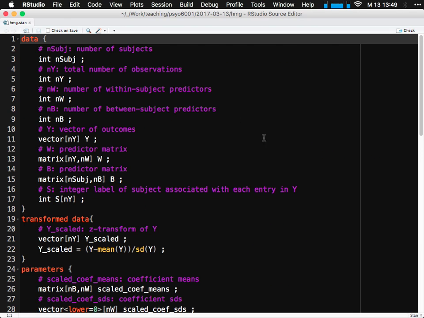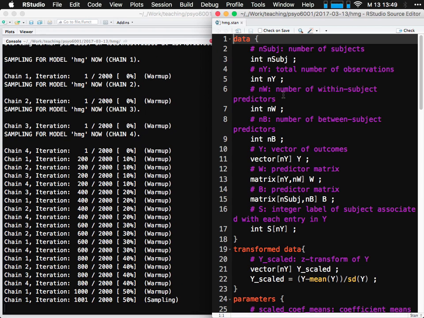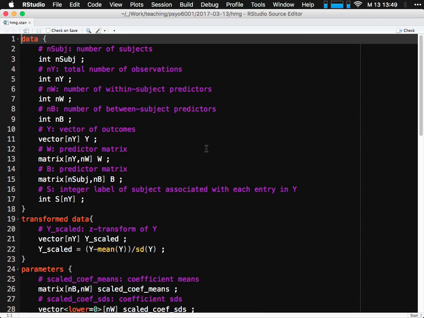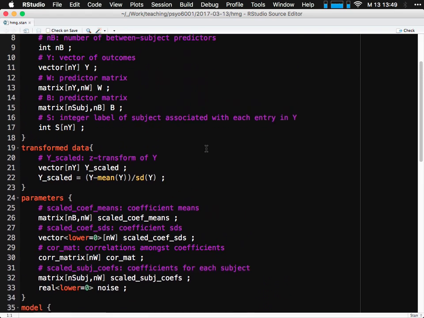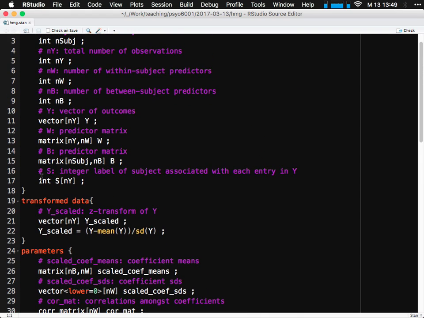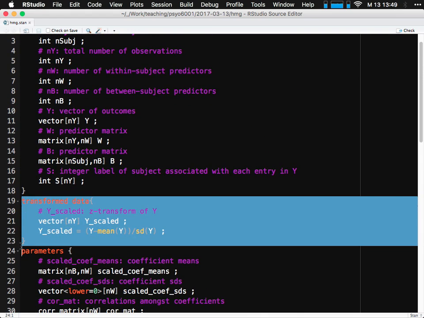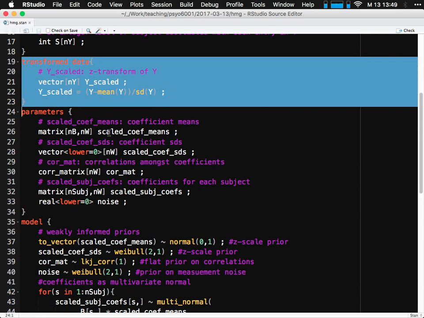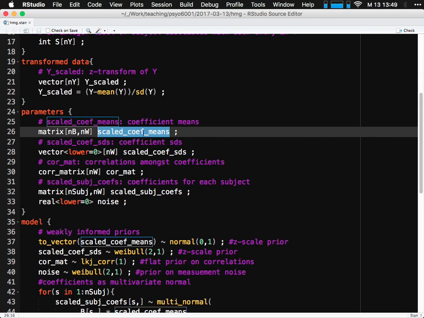Maybe while that's running, I'll pull this over. And again, internally it's transforming the data. It's going to express that there's some set of population means for each of the coefficients.